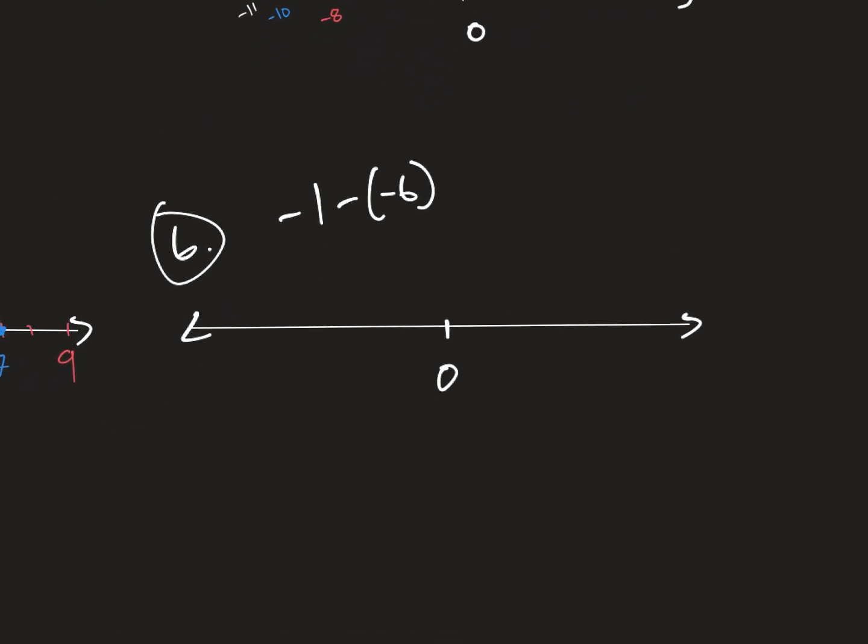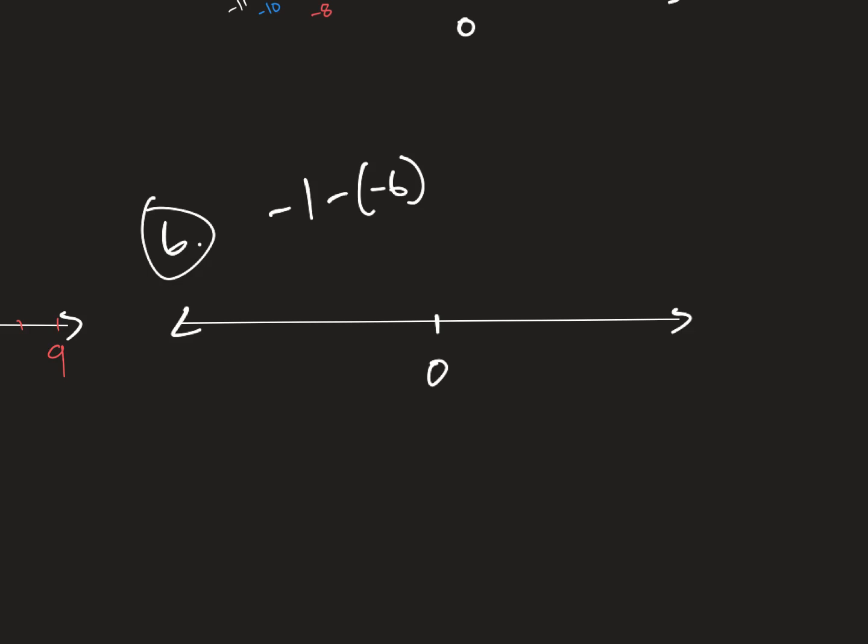And our final example, we have -1 minus -6. So I have my special symbol that I'm looking for, so I add my special plus sign, and I rewrite as -1 plus 6 equal to. So I have -1.